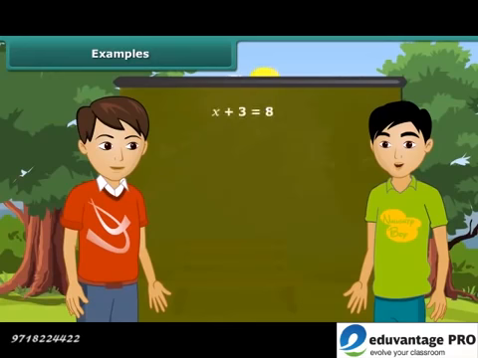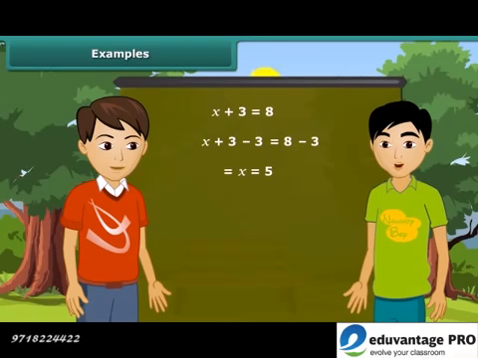Let us take an equation. x plus 3 is equal to 8. We shall subtract 3 from both sides of this equation. The new LHS is x plus 3 minus 3, which is equal to x, and the new RHS is 8 minus 3 is equal to 5. Therefore, we get x as 5. But why should we subtract 3 and not some other number?